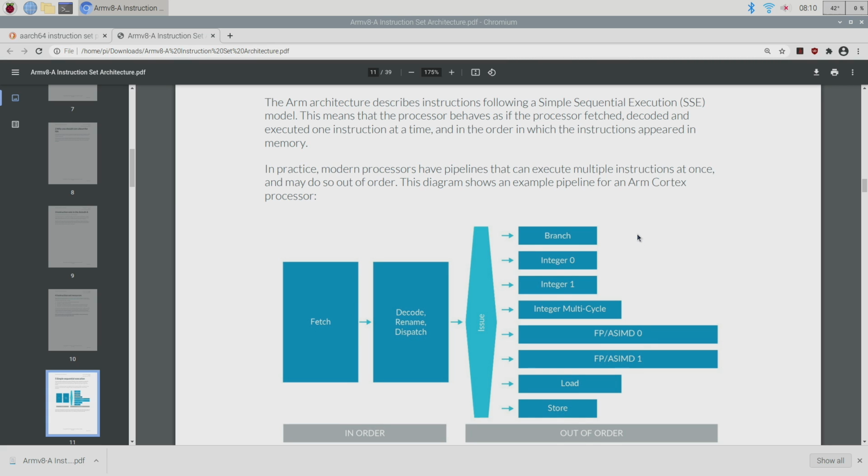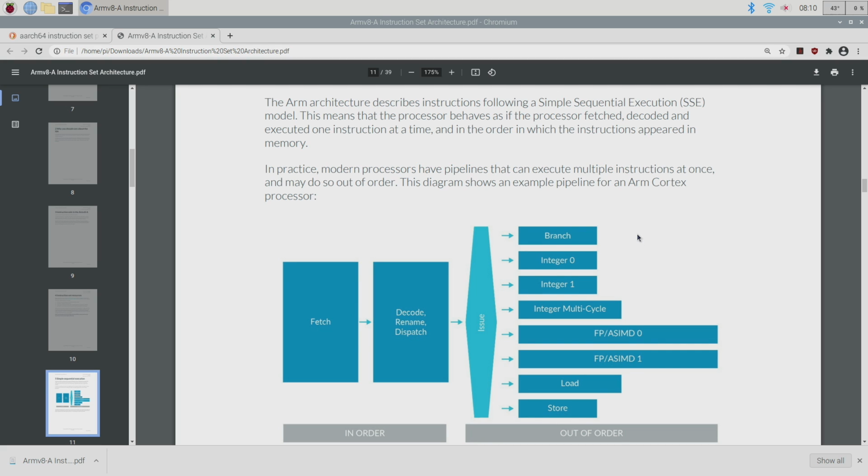So, for example, arithmetic, right? You see here it's got integer 0, integer 1, and then two floating point units. What that means is each core, for whichever model Cortex processor this is, can do two integer computations simultaneously in two separate units.